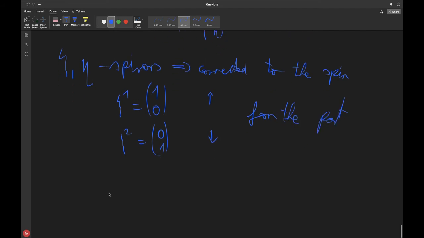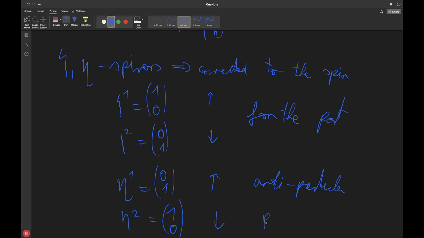And then we have eta 1, (0, 1), is the up spin for antiparticles, and we have eta 2, which is now all the opposite of what we saw for the particles. So we see that while the (1, 0) was the up for the particles, the (0, 1) is the up for the antiparticles, and the other way around with the down spin.